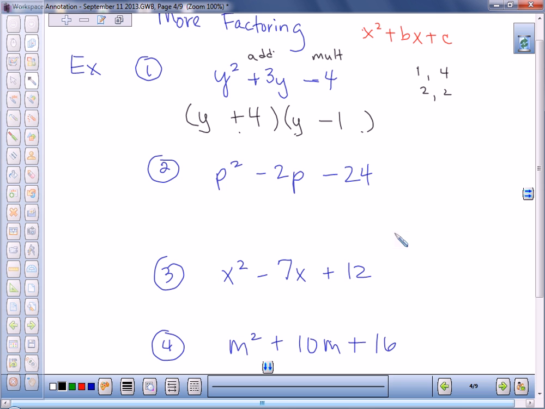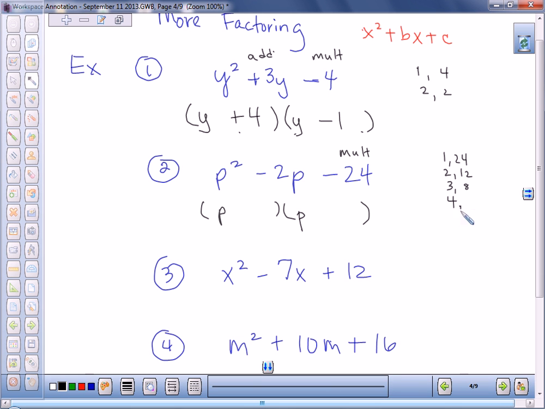Okay, and so we're going to continue to ask ourselves those questions. Because of the process, you're asking yourself, what can I multiply to get negative 24? So let's think about my factor pairs for 24. 1 and 24, 2 and 12, 3 and 8, 4 and 6, and then 6 and 4, so it starts repeating.